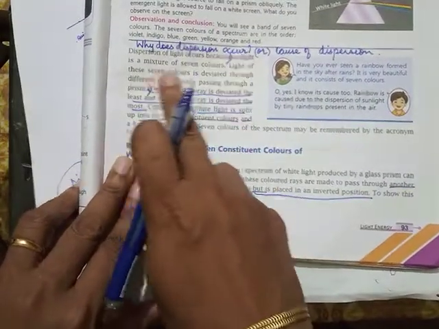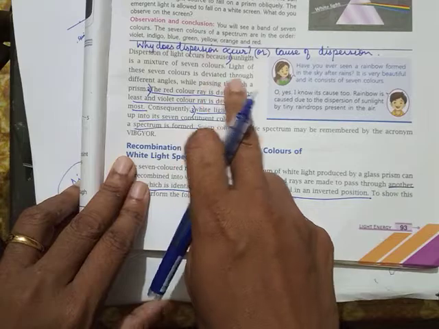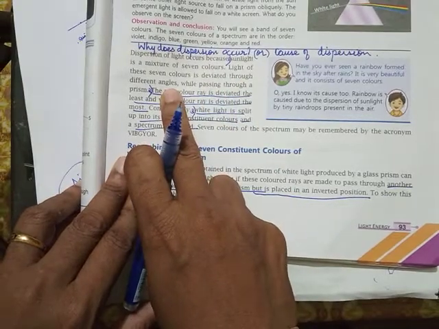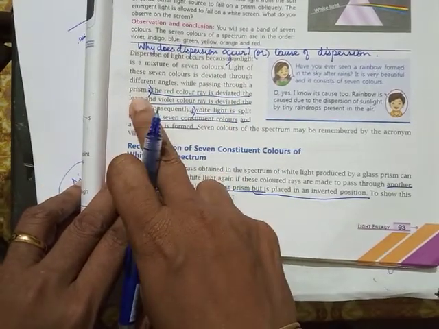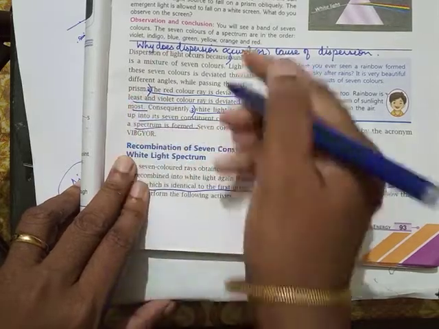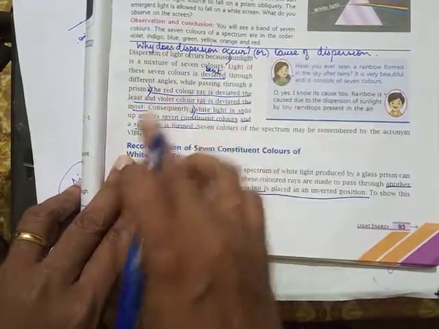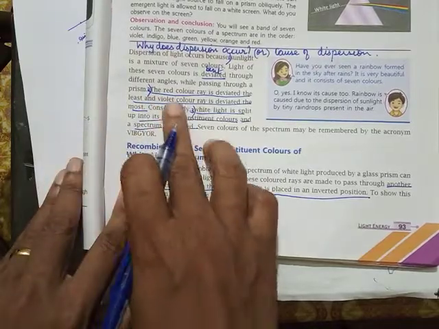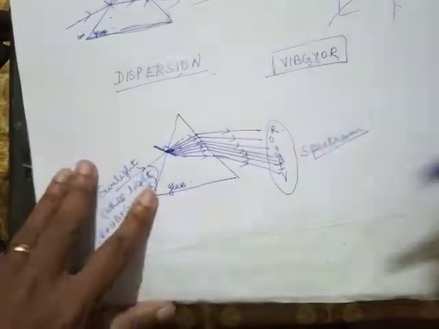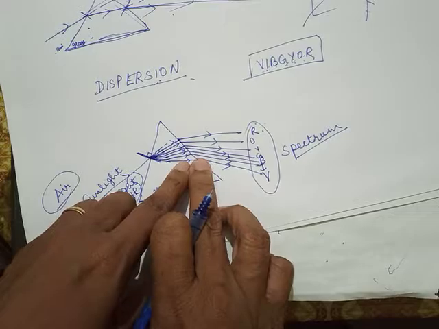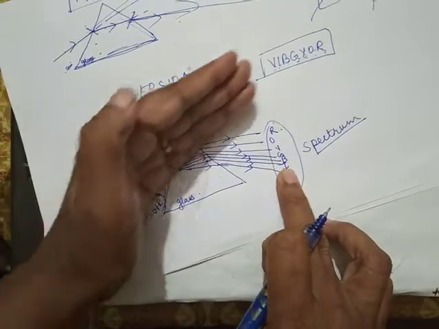So sunlight is a mixture of 7 colors. Light of these 7 colors is deviated through different angles while passing through the prism. Bent, deviated, I can say bent also, through different angles. Second, red color is deviated least. If you see, violet has bent more. This should have been the original path.